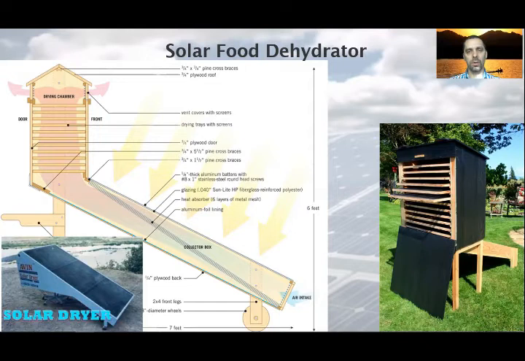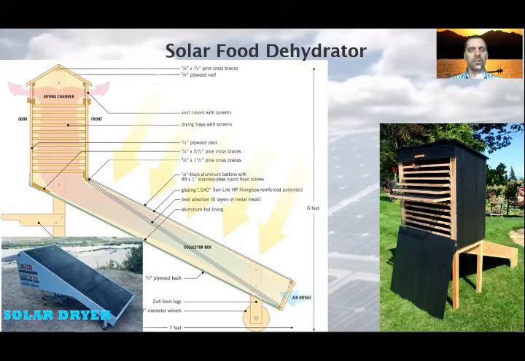Inside the box are diagonal layers of black metal screen. The vertical drying chamber on top has a back door to access food drying trays inside. The sun radiation passes through the plastic top of the collector box to the absorber screens, which retain heat.